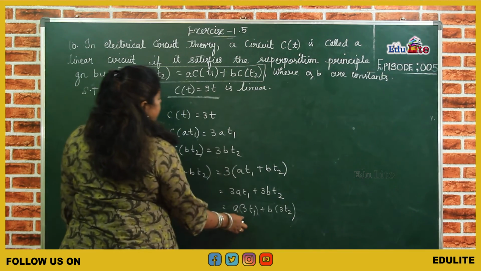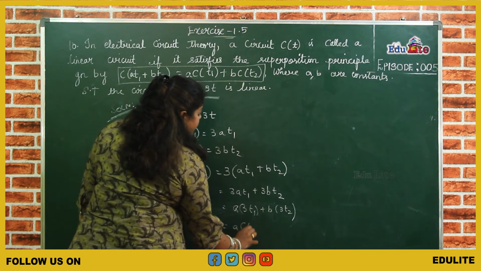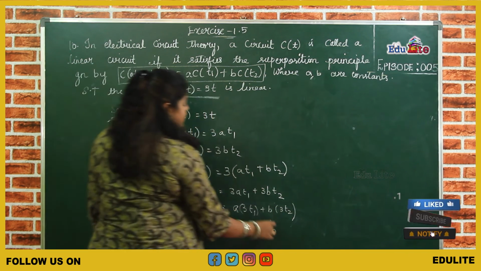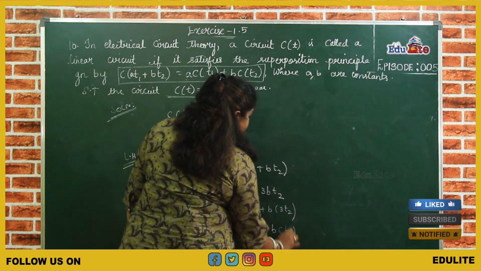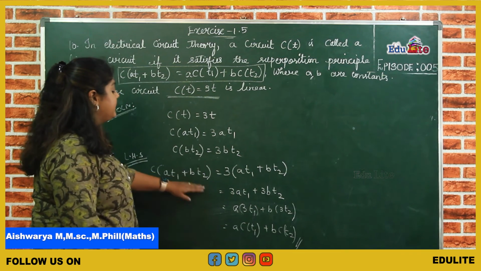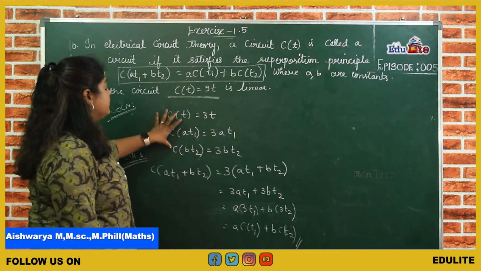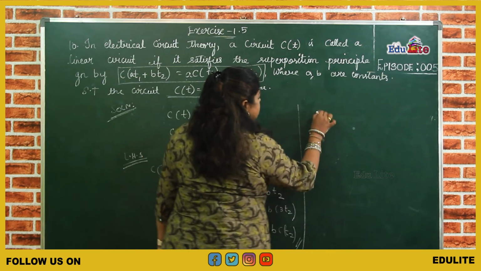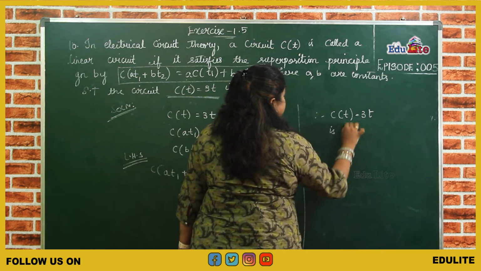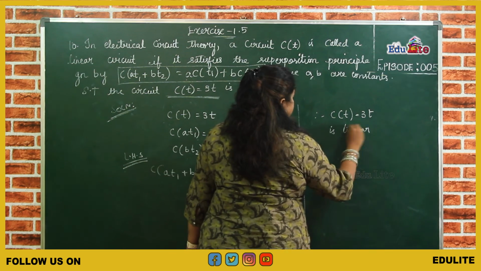A into 3 t1 can be written as C of t1. Similarly, 3 t2 can be written as C of t2. This is the right hand side. Therefore, we took the left hand side and brought the right hand side for this function. Therefore, C of t equals 3t is linear.